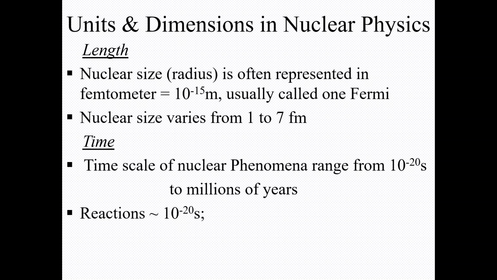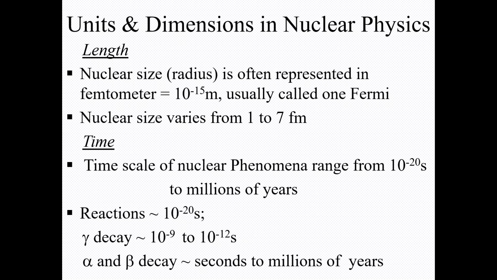We have nuclear reactions that last for approximately 10 raised to the power minus 20 seconds, and an example of that is gamma decay. Gamma decay has decay times approximately equal to 10 raised to the power minus 9 to 10 raised to the power minus 12 seconds.